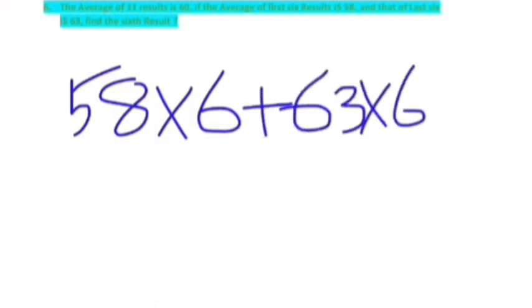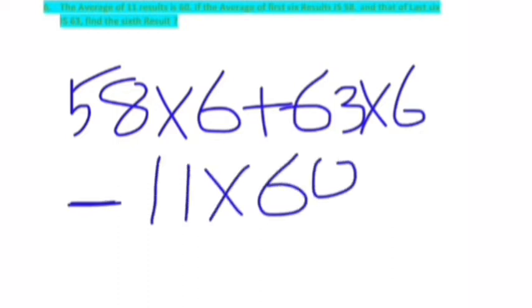The process is this: take the first 6 results, 58 is the average, into 6, plus the last 6 results, 63 is the average, into 6, minus 11 results into 60. If you calculate this, the answer is going to be very easy.